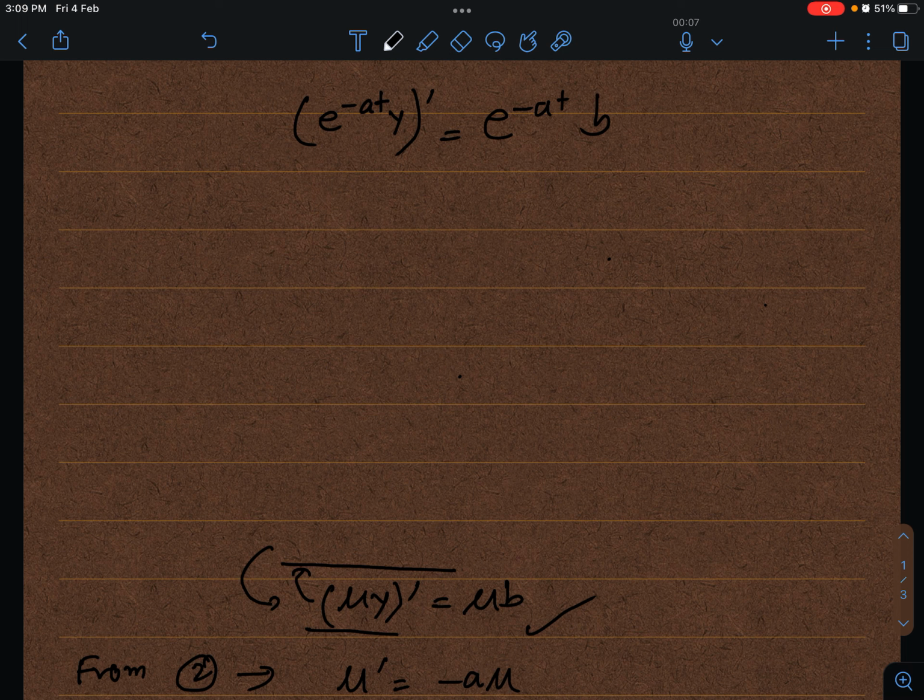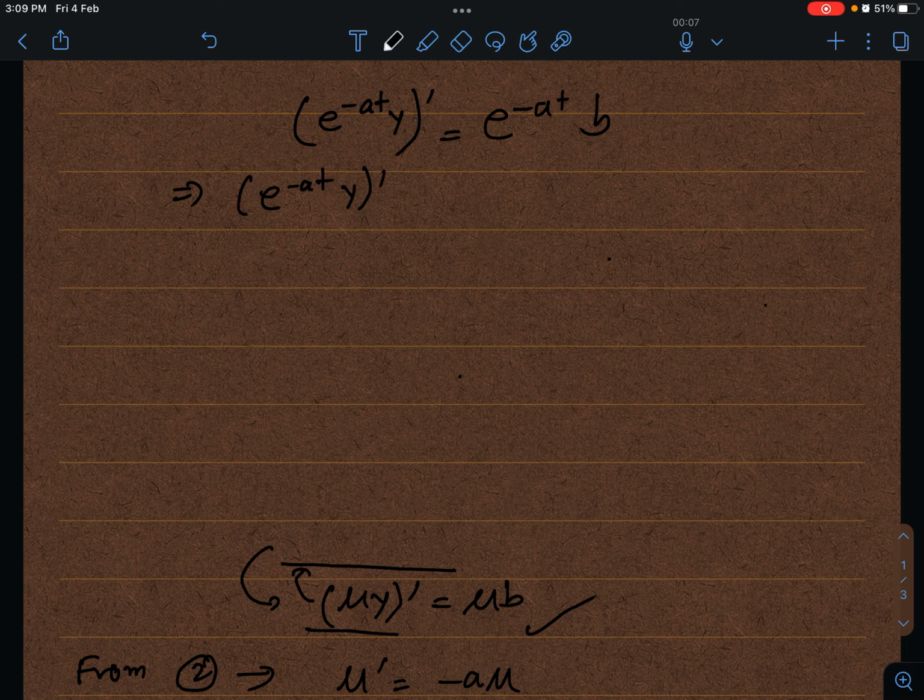So the right hand side here, e to the power minus at y whole prime equals to the right hand side. I want to modify this right hand side to something else.